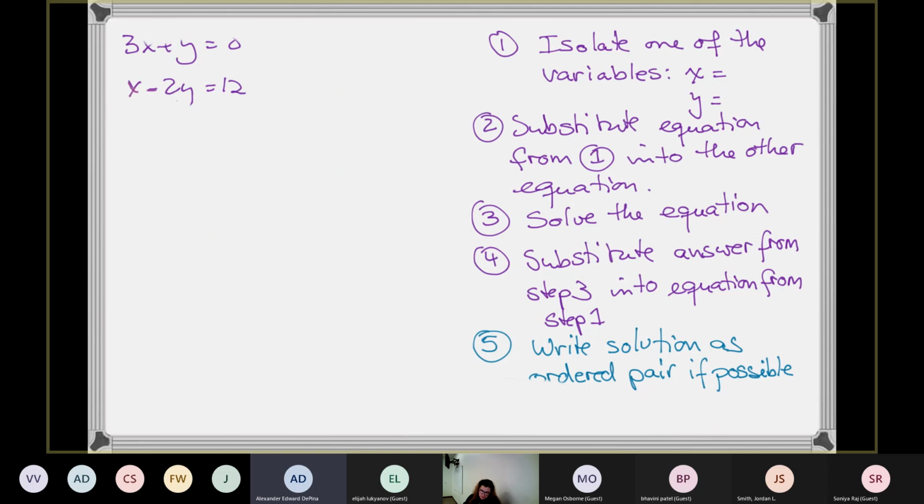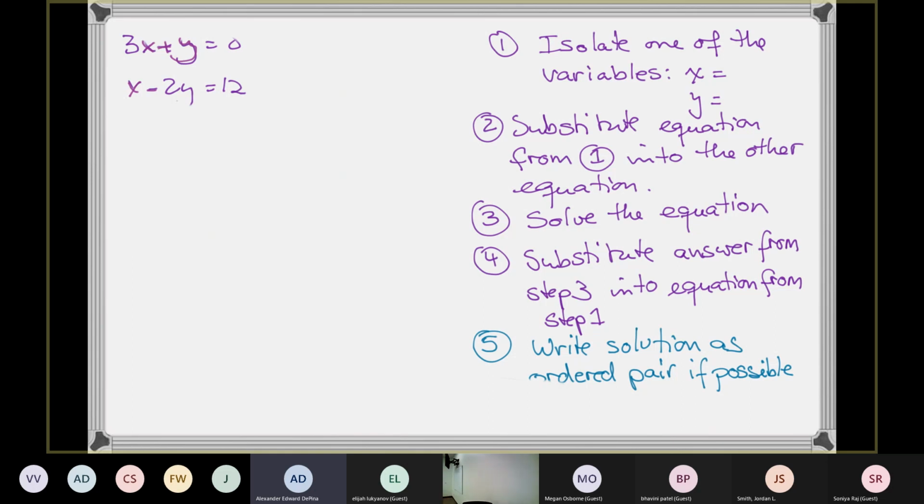Now here I wrote the instructions down so we can follow them. The first step would be to isolate one of the variables. So it has to be y equals or x equals. Now be smart about it. You always want to look at your equation where y or x doesn't have a number in front of it.